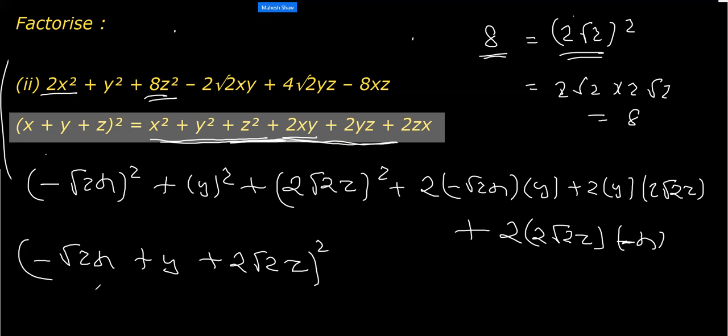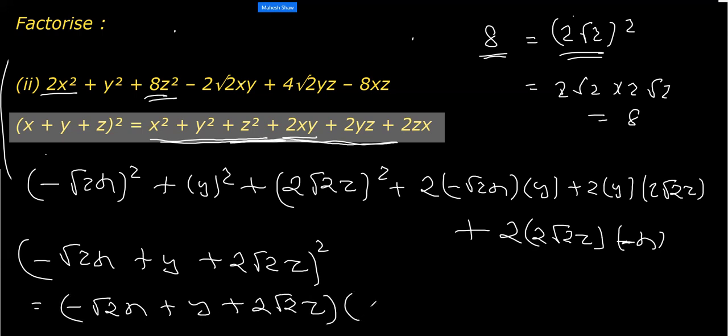This is the factorization, and you may write it twice: (minus root 2x plus y plus 2 root 2 z) multiplied by (minus root 2x plus y plus 2 root 2 z). This is how the second question can be done.